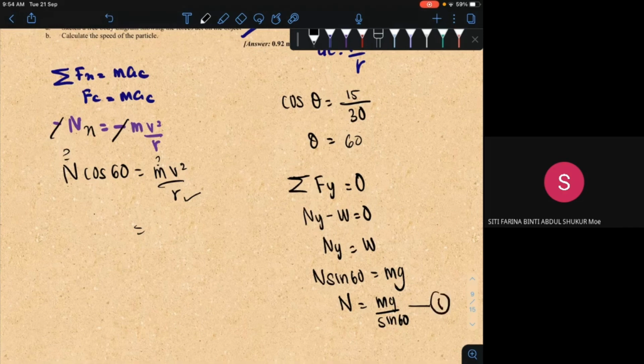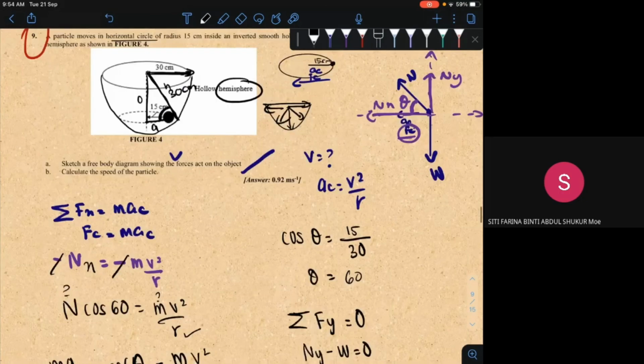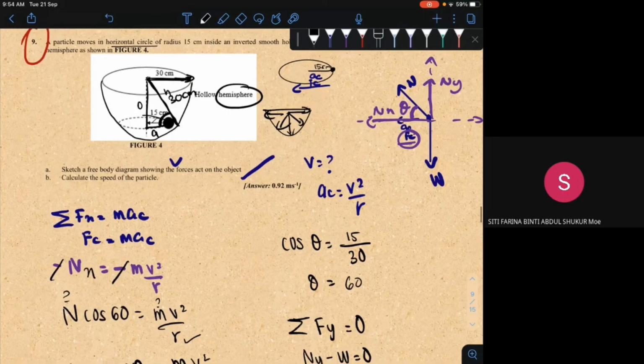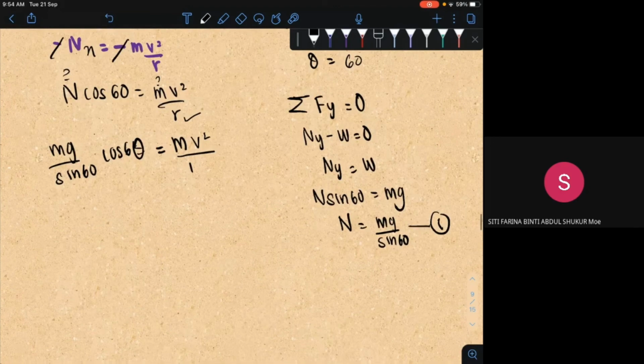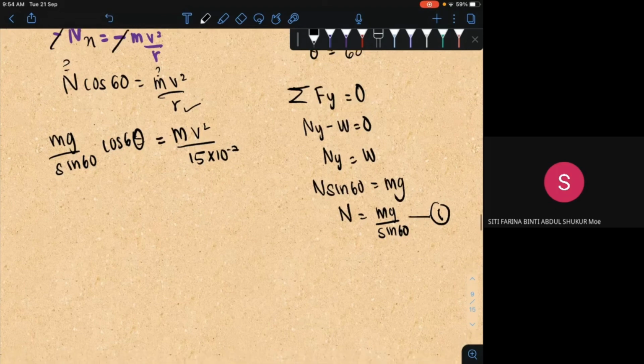So now I'm going to substitute my N as mg divided by sin 60 darab dengan cos 60 samakan dengan M V square. Saya nak cari R dekat sini adalah radius of bulatan kecil ini because your object is making this small circle. So radius dia adalah 15 cm. Okay, so kalau kamu tengok kiri kanan ada M boleh factorize.